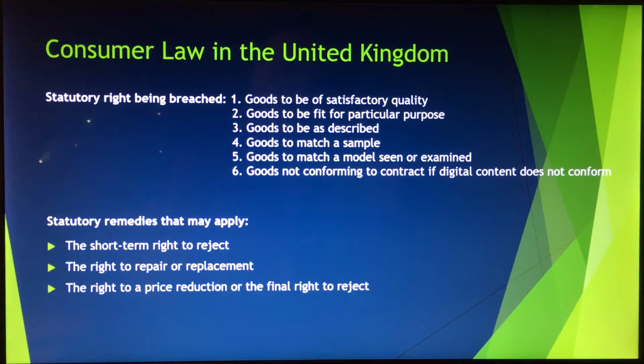And the second part, I want to talk about the consumer law in the United Kingdom. We can see the statutory rights being breached, like goods to be of satisfactory quality, to be fit for a particular purpose, to be as described, to match a sample, to match a model seen or examined, or goods not conforming to contract if digital content does not conform.